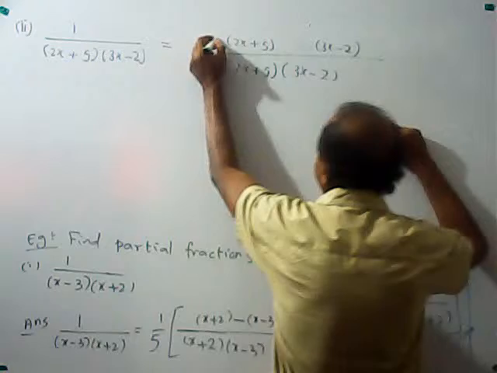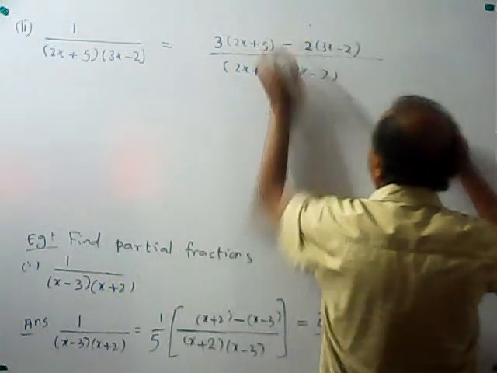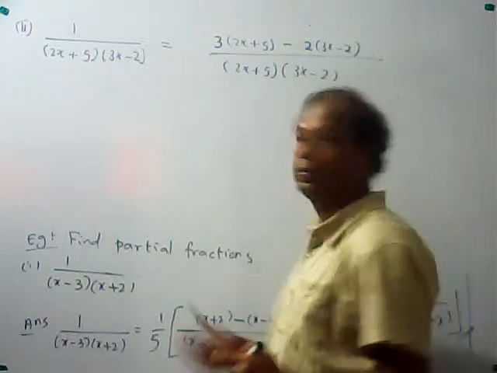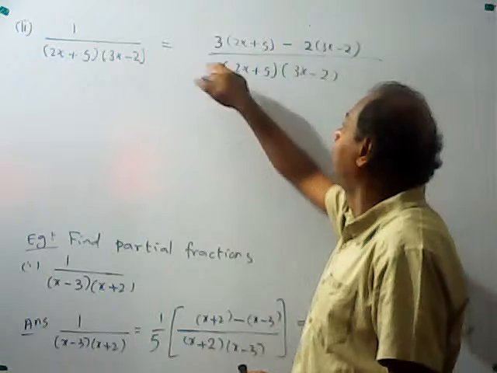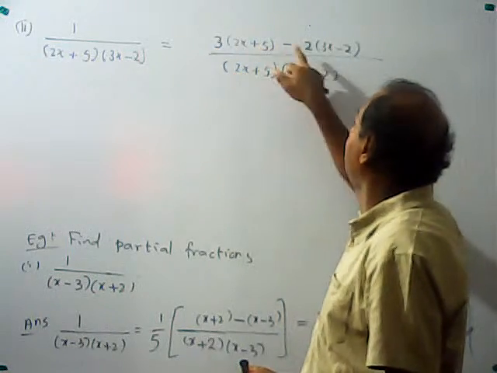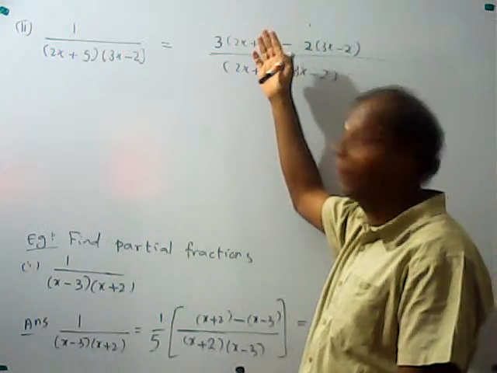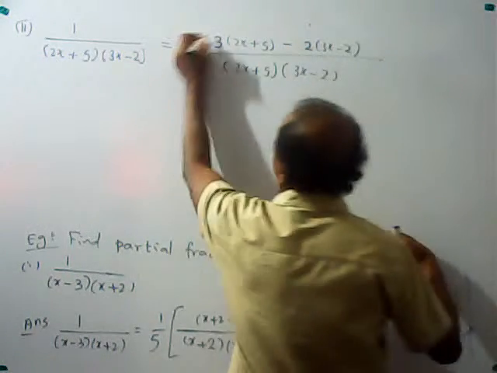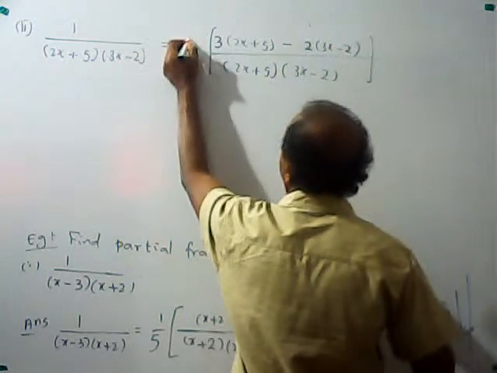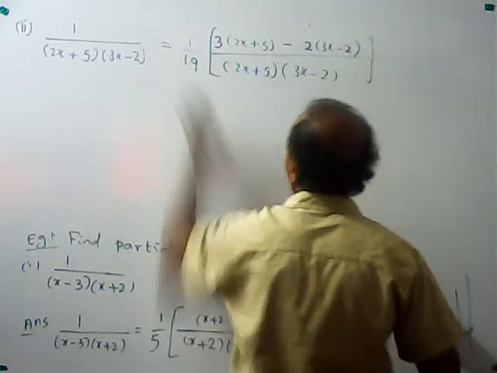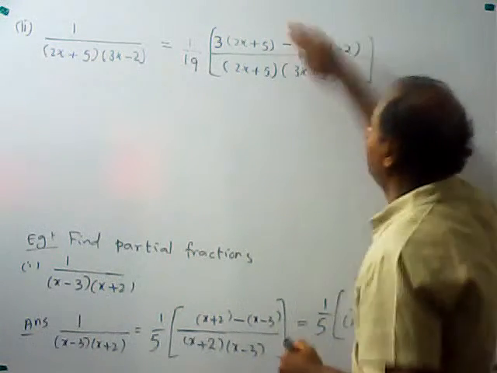We got rid of x in the numerator, but still the two sides are not equal. We have a constant 15 plus 4, there's a 19 in the numerator. To balance it, we can divide by 19. Now two sides are equal.